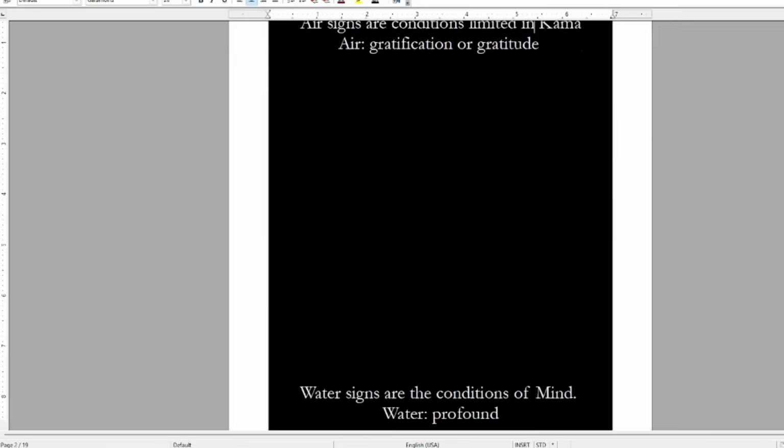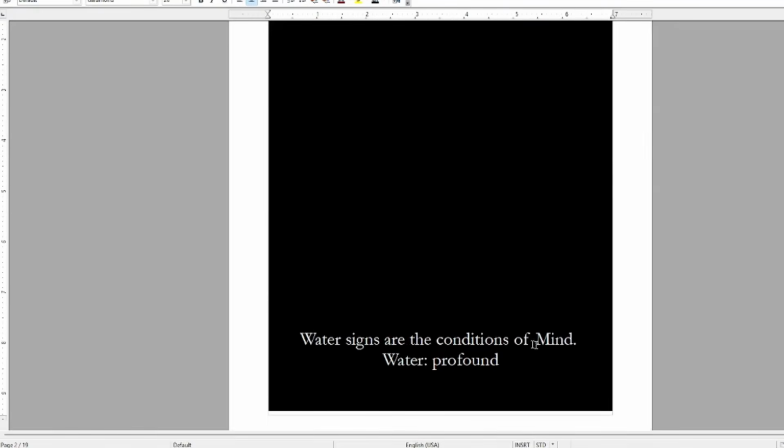Okay, and then the last one is the water sign, which are conditions of the mind, because the mind is an escape. If something is truly awful in life, like a violation, especially when they're young, you forget it. It's an escape. The mind is an escape. The mind is what is created when you don't want to know the truth.